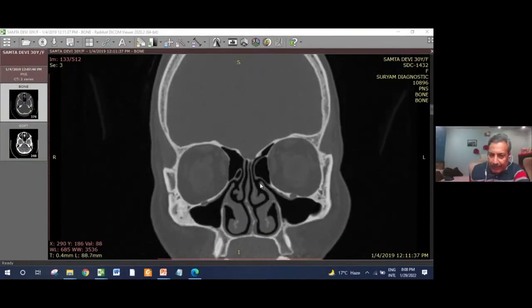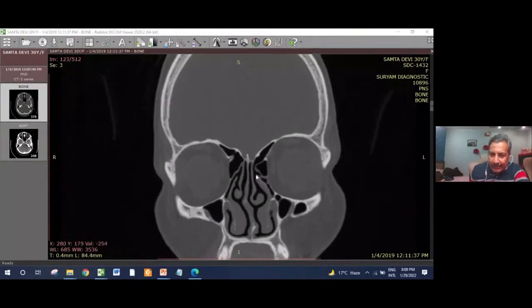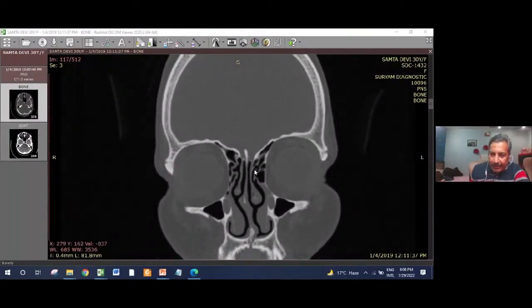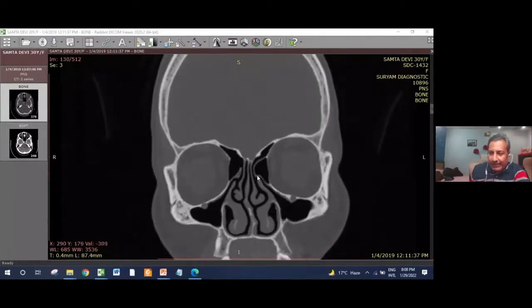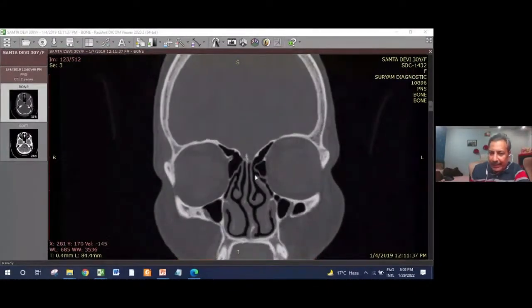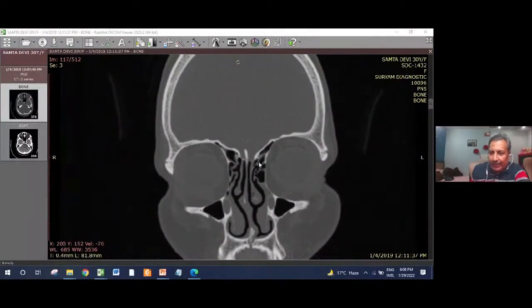See, if I am going up, look at the uncinate. Here comes the agger nasi cell. That's the wall of the agger nasi. Come back. See, this is the bulla behind. I am coming anteriorly, that's the wall of the agger nasi.